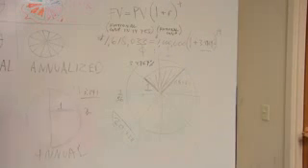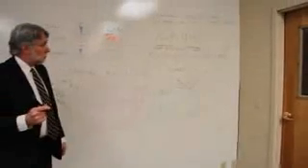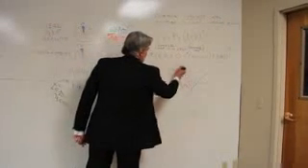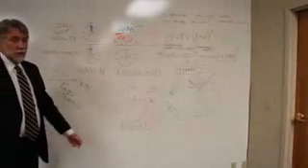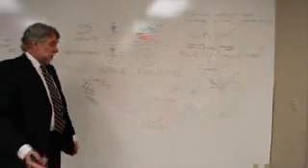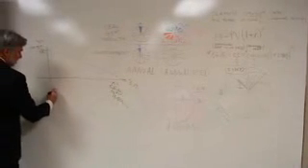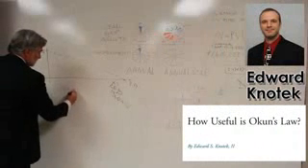The question is, is there anything in the literature that would provide some sort of basis to believe that a 3.4969 growth rate has any sort of validity? Now, in a paper that was written by Edward Knotek called "How Useful is Okun's Law?"